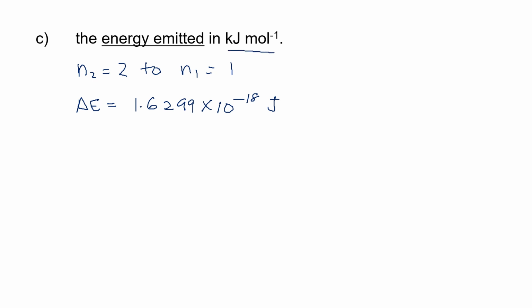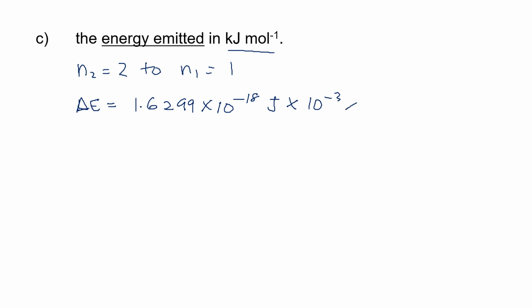So I'm not going to show you how we calculate the delta E anymore. You can refer to the previous part of this video. To change the unit from joules to kilojoules, we multiply by 10 to the power of negative 3.